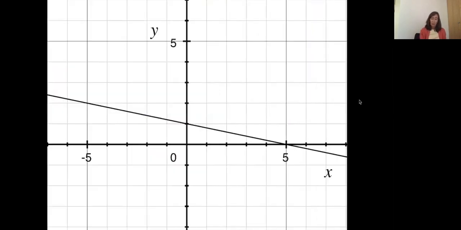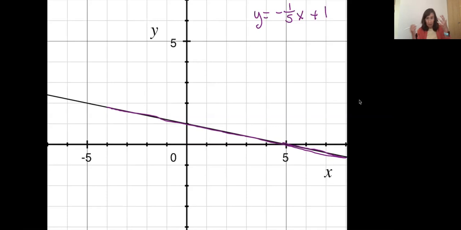Okay, so now let's look at a different line here. Again, I'll sketch in the function to distinguish it from the background. This is a different function. We're picking different values for m and b. So here we have y equals -1/5 x plus 1.